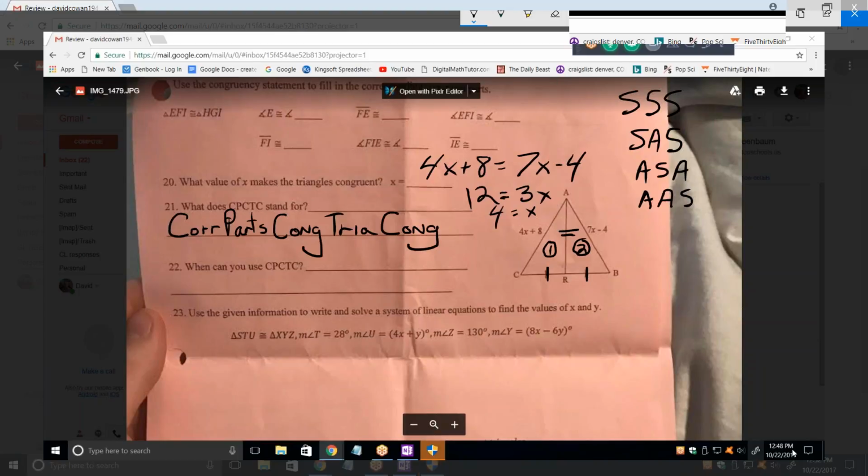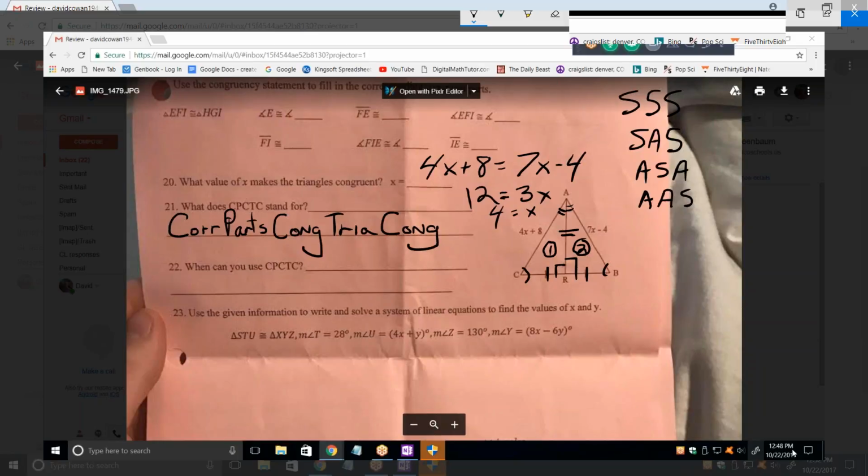So if you told me to begin with that these 2 triangles, 1 and 2, were congruent, then I would be able to tell you, well, 4x plus 8 has to be equal to 7x minus 4, because corresponding parts of congruent triangles are congruent. I also would know that angle C is equal to angle B, and that that angle is equal to that angle, and that this little tiny angle up there must be equal to that little tiny angle down there, because corresponding parts of congruent triangles are congruent.